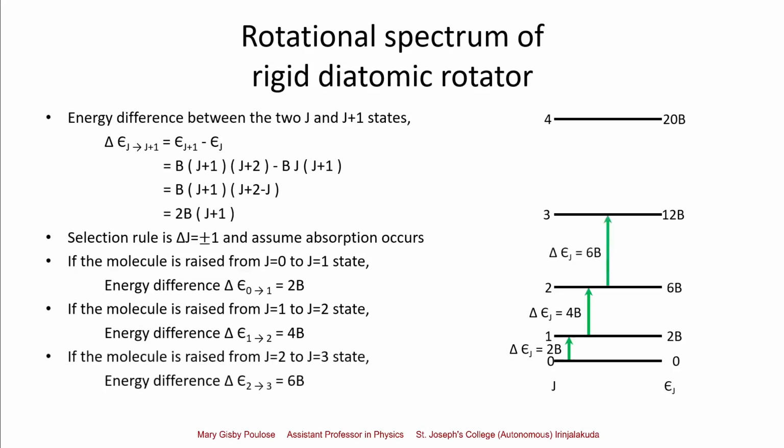Again, if the molecule is raised from J equals 2 to J equals 3 state, the energy difference delta eta 2 to 3 is equal to 6B. Likewise, when it is raised from J equals 3 to J equals 4 state, the energy difference will be 8B. Now, if we plot the spectrum of these transitions, in the spectrum we get lines at 2B, 4B, 6B and 8B likewise.